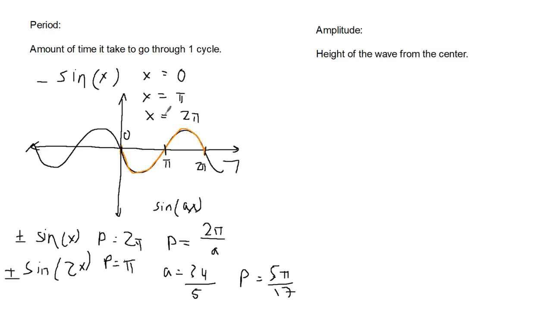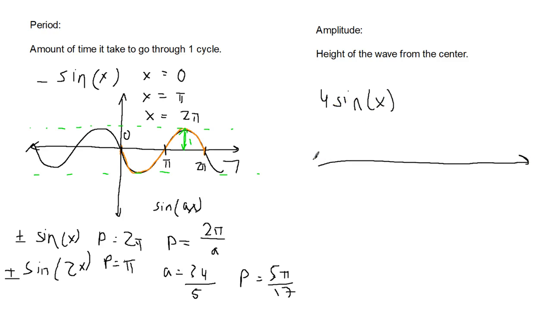Right? The amplitude is the height of the wave. So the amplitude is pretty easy. The amplitude of this wave is the distance from the center of the wave to the top, which is just 1. And let's say we have a different wave. Let's say we had 4 sine of x.